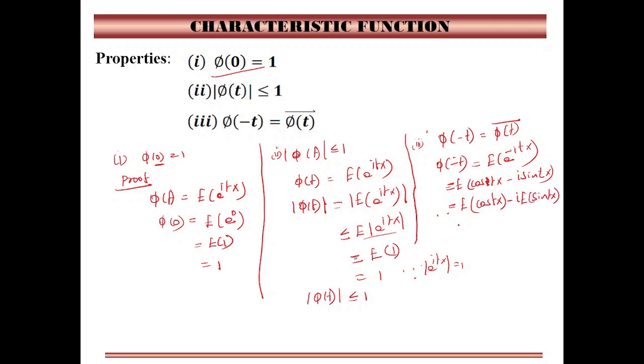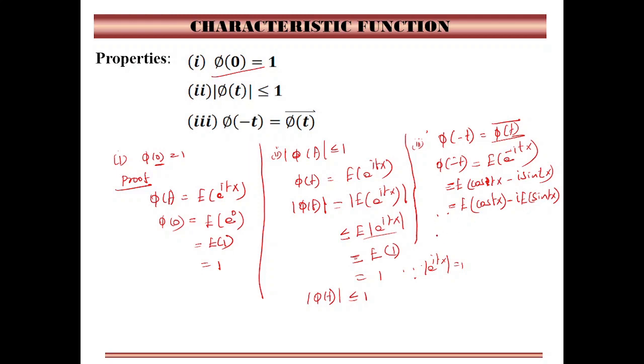Next we find this one and we equate these two. So phi of minus t is equal to the expected value of cos tX minus i into the expected value of sin tX.